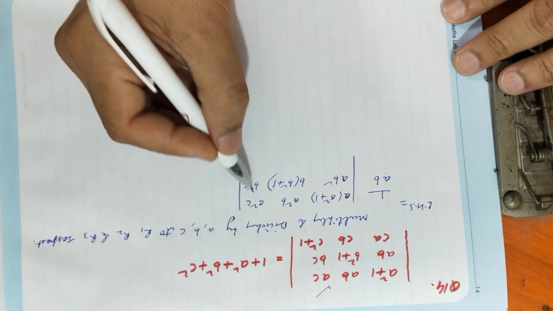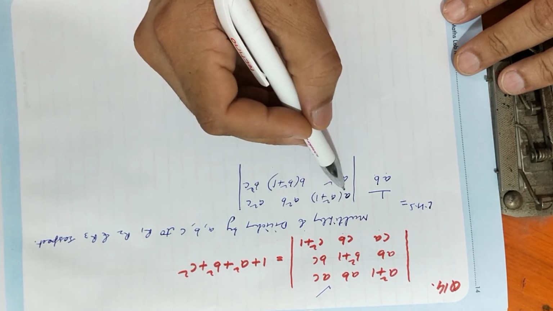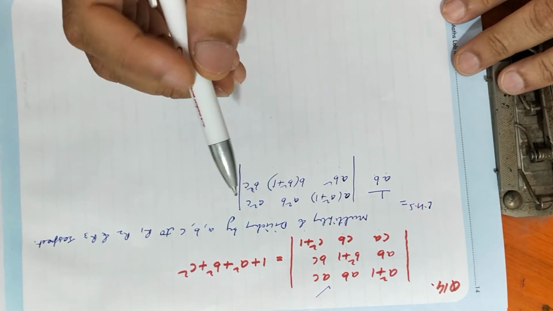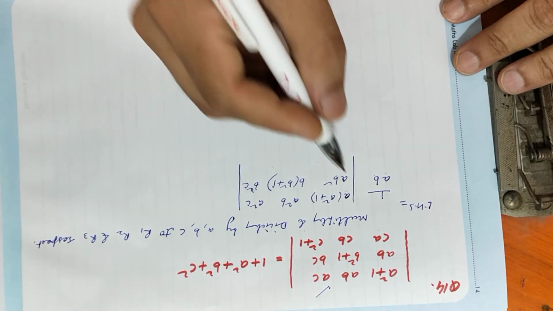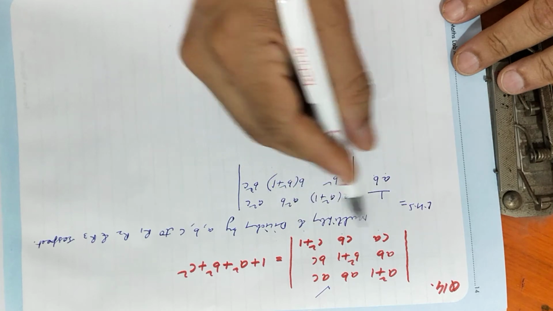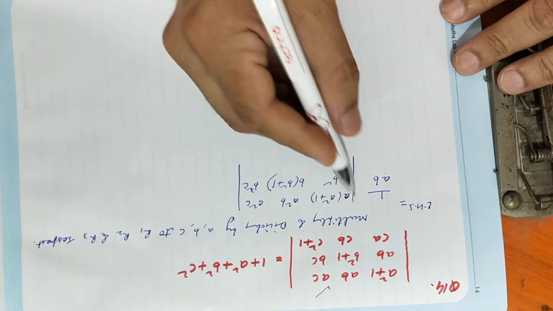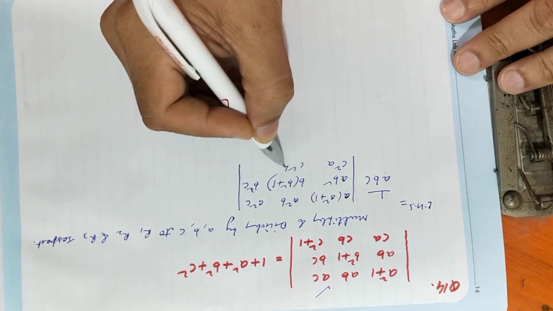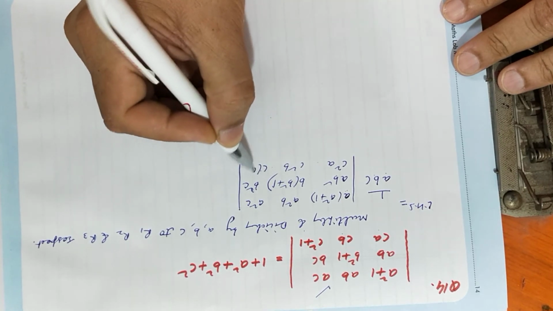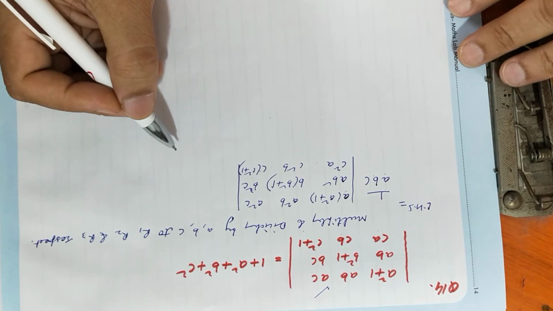One more thing, note down carefully here. I am not writing a cube plus a; I am just writing the bracket, outside the bracket. So note it carefully. And now we will multiply the third row by c and divide also. So we will get c square a, c square b, and c into c square plus 1.